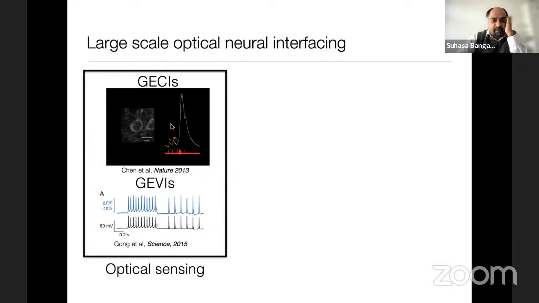And there have been more recent developments, especially in the last few years, in the form of genetically encoded voltage indicators that have really fast kinetics, that can provide near single spike or even subthreshold information about what's happening within the neurons intracellularly, using optical signals as a way to deduce these signals.